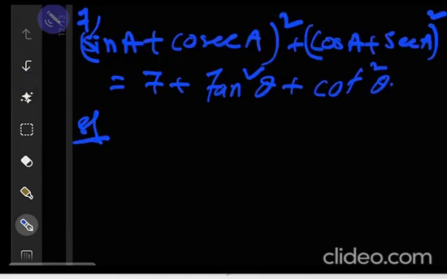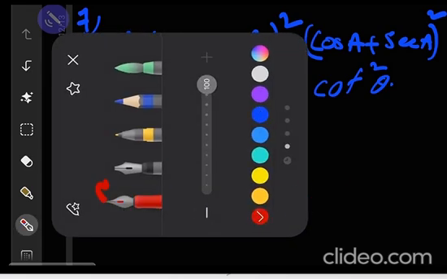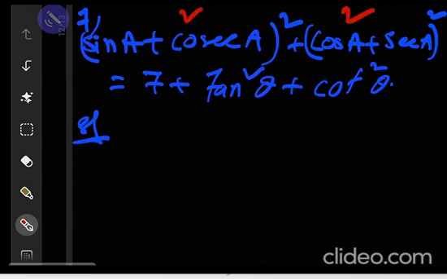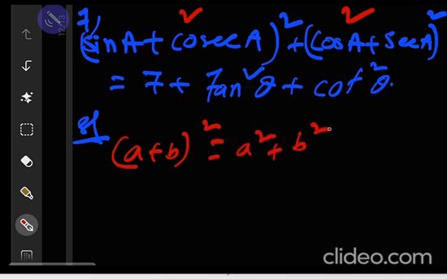Solution. So sin A plus cosecant A whole square plus cos A plus secant A whole square. If you observe, sin A and cosecant A are inverse trigonometric ratios, and cos A and secant A are inverse too. So these are in the form of A plus B whole square, which is A square plus B square plus 2AB.